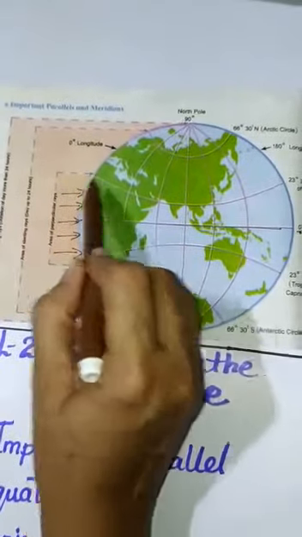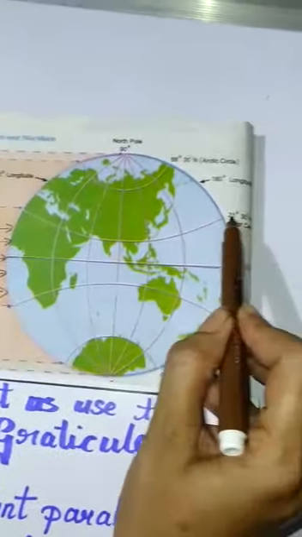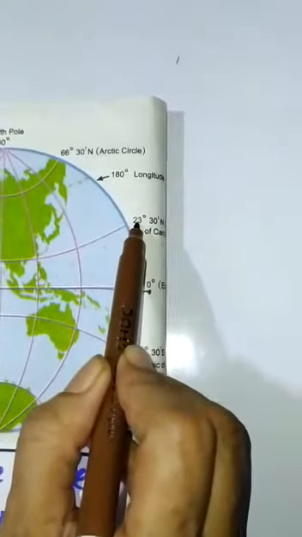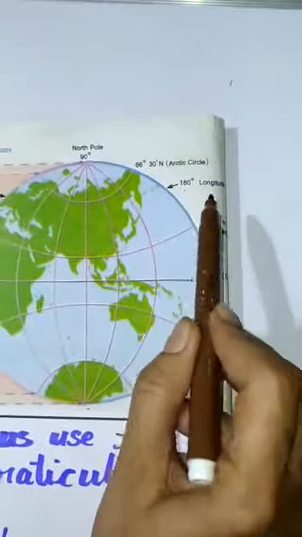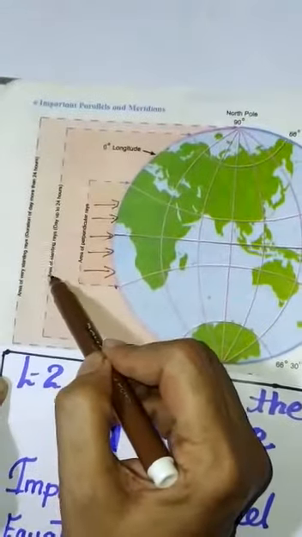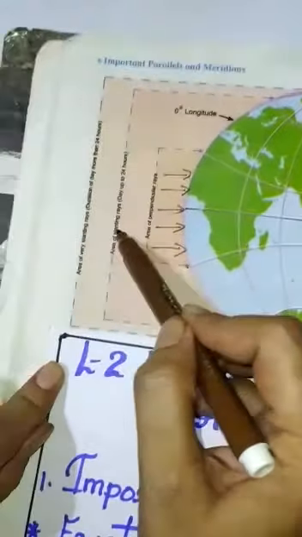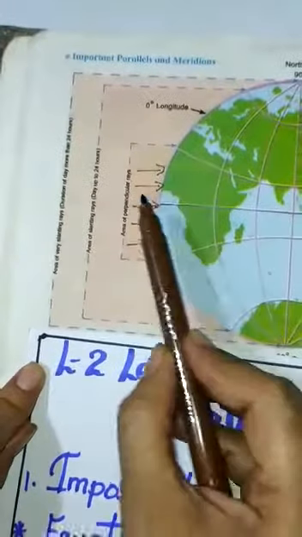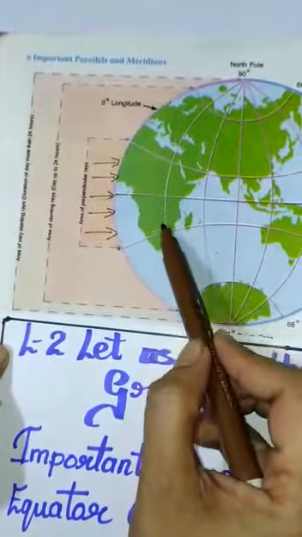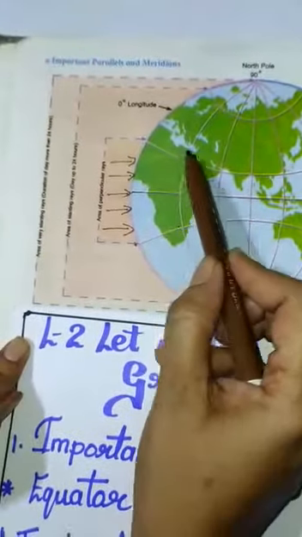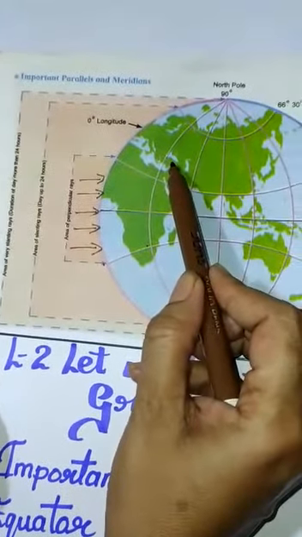The next you can see, which is away, from 23 degrees 30 minutes north to higher latitudes. Here in this area, the sun rays are slanting. When it is slanting, it is distributed over a larger area. So here the temperature is not so hot.